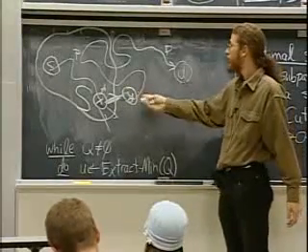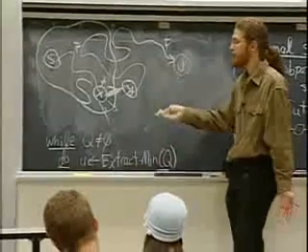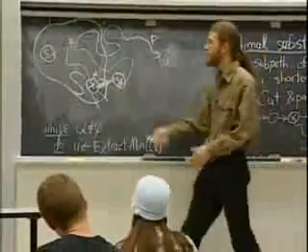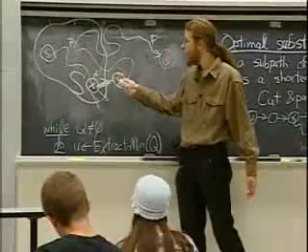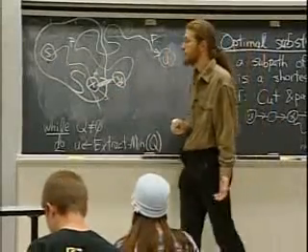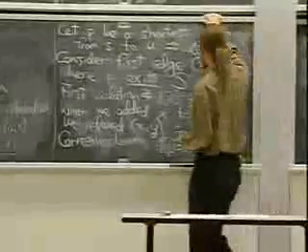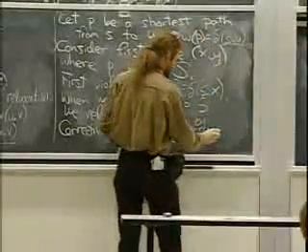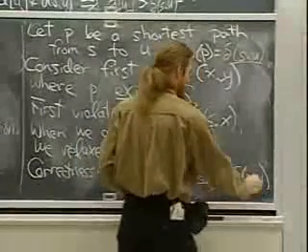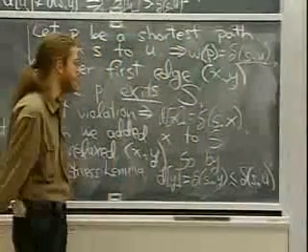Well, it could only be shorter than from s to u, because it's a subpath of a shortest path. The shortest path from s to y has to be less than or equal to the shortest path from s to u. Okay, s to y less than or equal to s to u, just because it's a subpath.